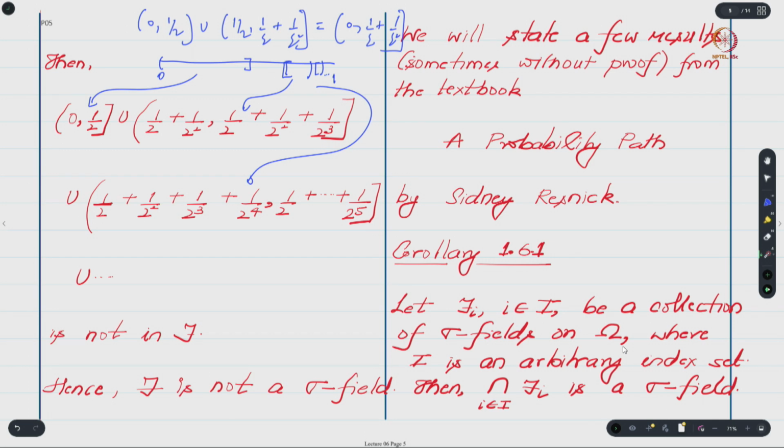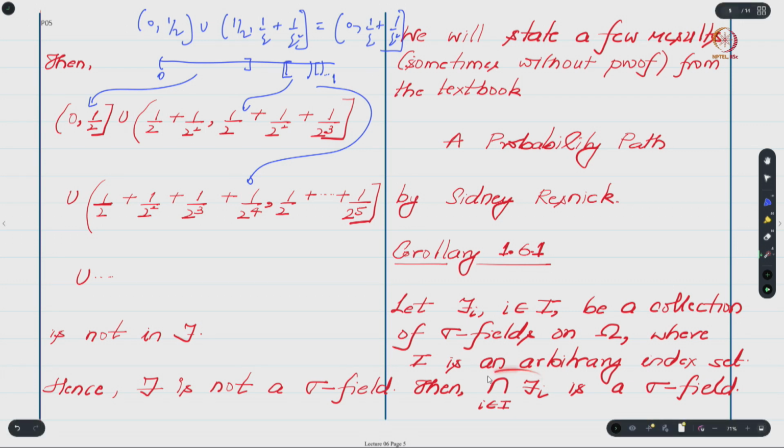So far we were talking of only one sigma field. Now we are going to talk about multiple sigma fields, a sigma field for every i in the index set capital I. This index set I can be arbitrary: it could be finite, countable, or uncountable, whatever you want.